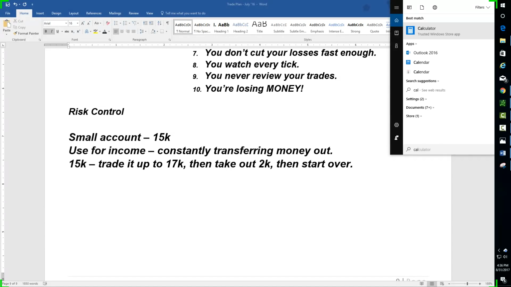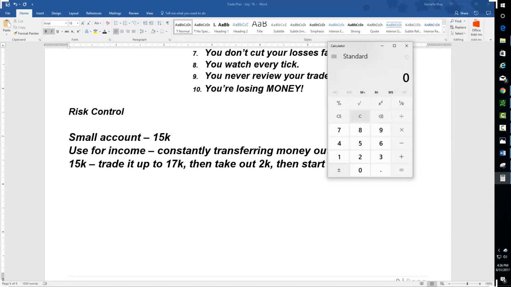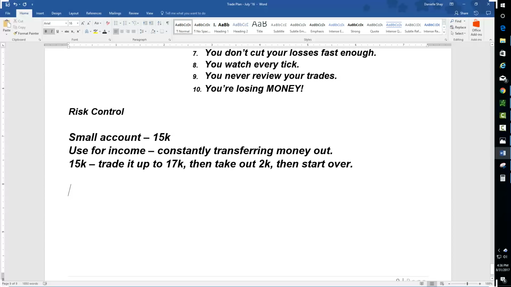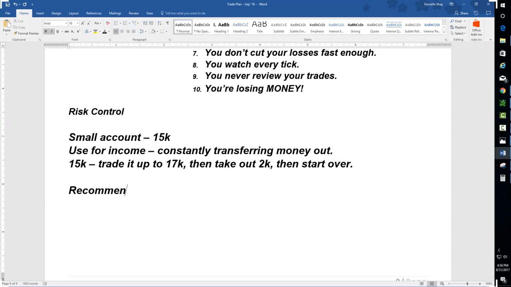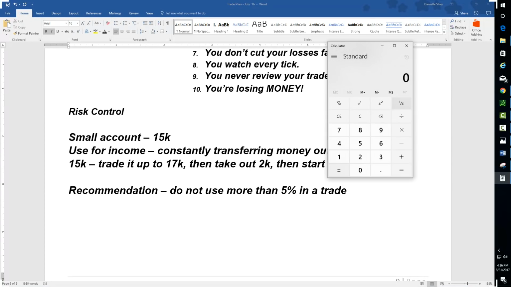All right, so when you have $15,000, our recommendation is that you never use more than about 5% in a trade. Recommendation, do not use more than 5% in a trade, okay? So you come over here and you say, okay, how do we do this? 15,000 times 0.05.